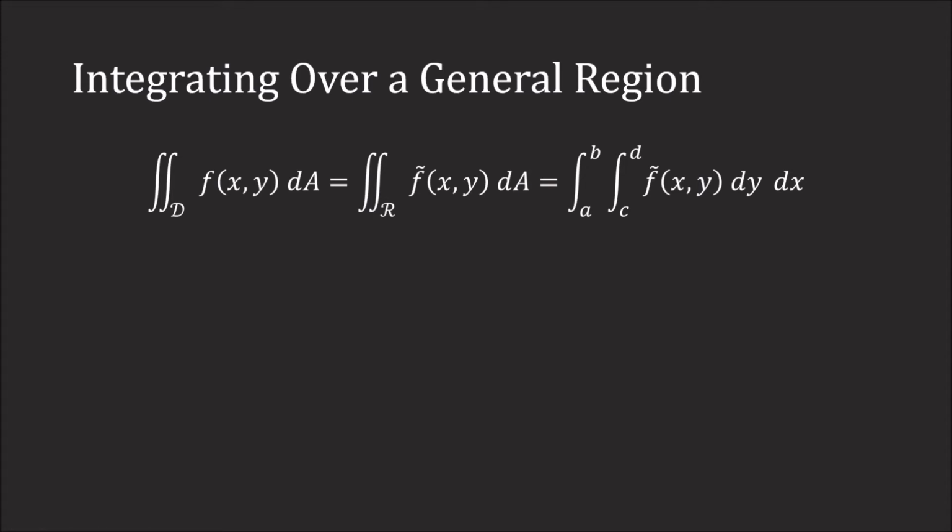That is, the double integral over the region D of f of xy is equal to the double integral over the region R of f tilde, which is an iterated integral, the integral from a to b of the integral from c to d of f tilde.